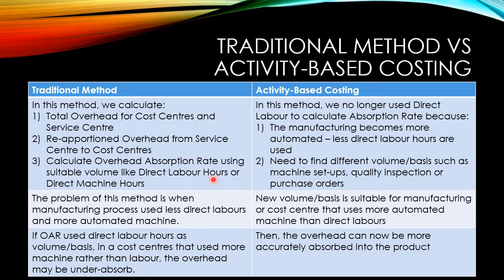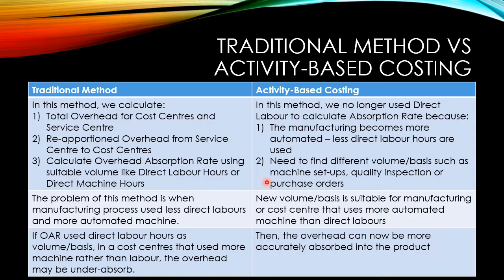So the more current method in absorbing the overhead is called activity-based costing. So in this method, we no longer use direct labor to calculate the absorption rate because, one, the manufacturing process becomes more automated, meaning that the company uses less labor and depends more on machines.